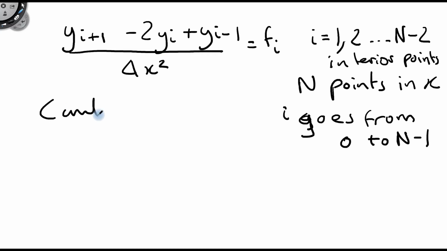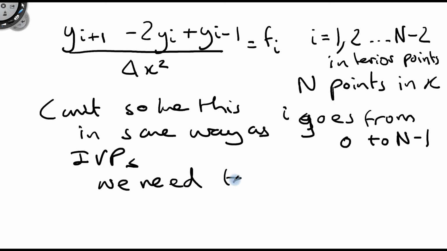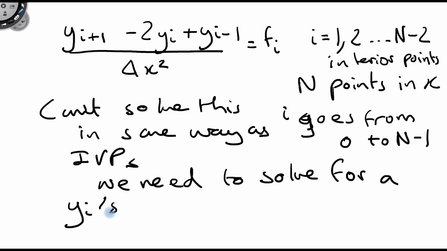We can't solve this in the same way as the IVP, initial value problems. We need to solve for all the yi's, all the values of i for all the values of n at once, if you like, at one time.